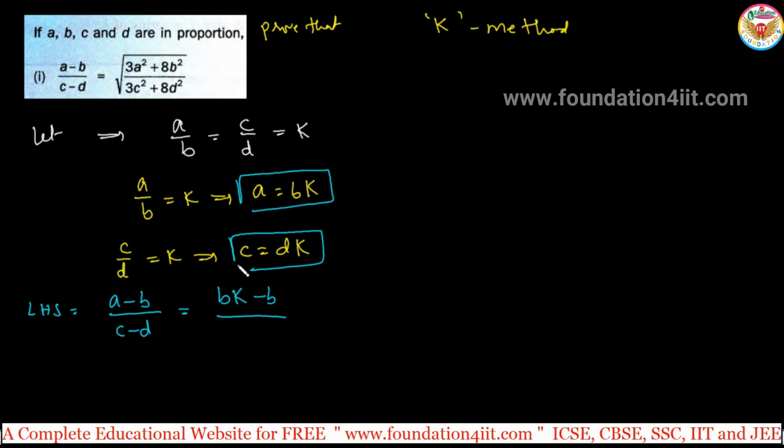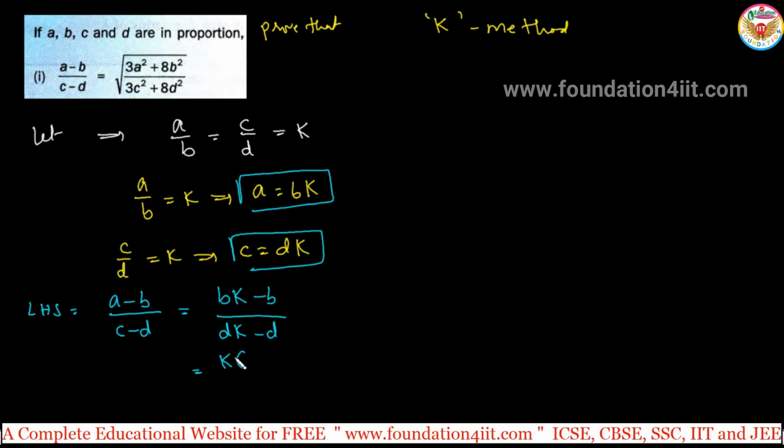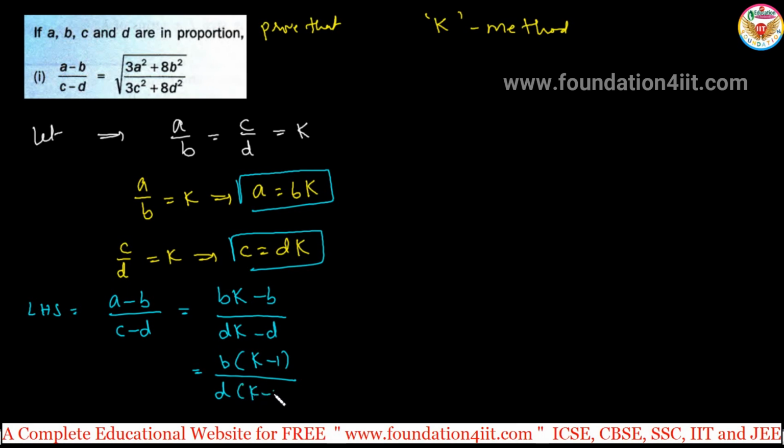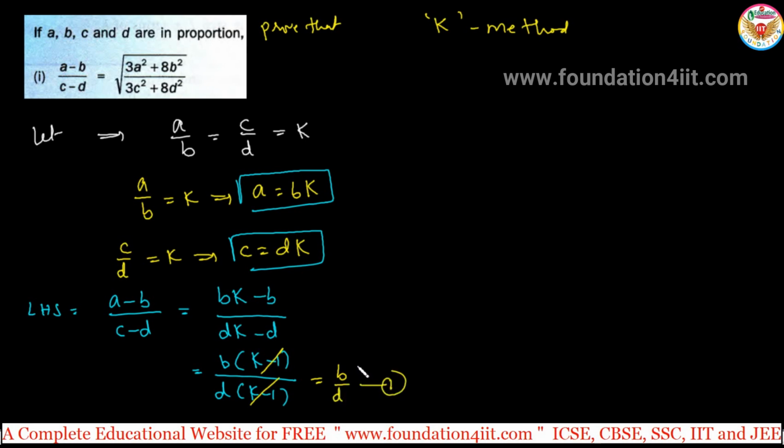In the place of C, DK minus D. Then let me take the common factor. B is common, and in the denominator D is common. Then K minus 1 by K minus 1 gets cancelled. Then we got B by D, let it be equation 1. Then we got the LHS. If the RHS also gives the same, that is hence proved.